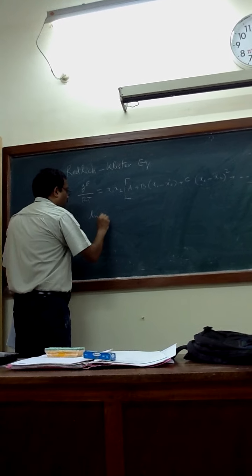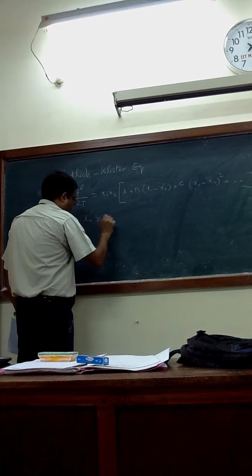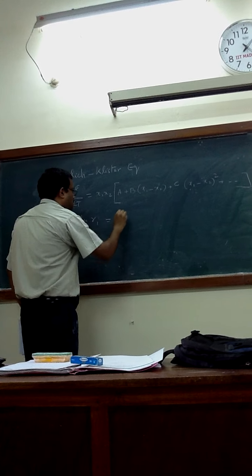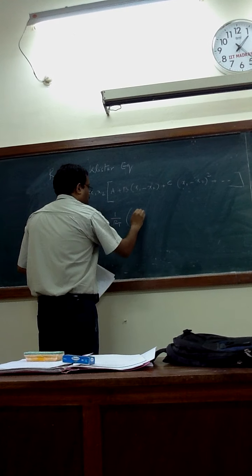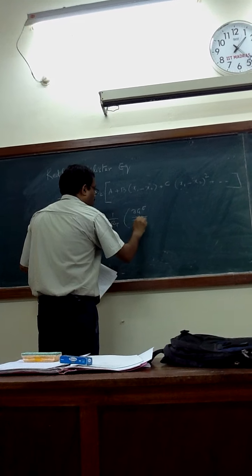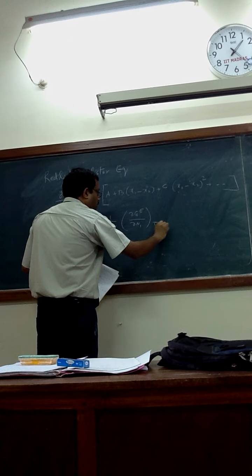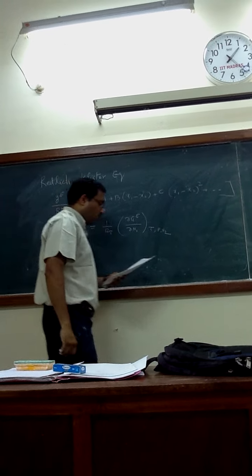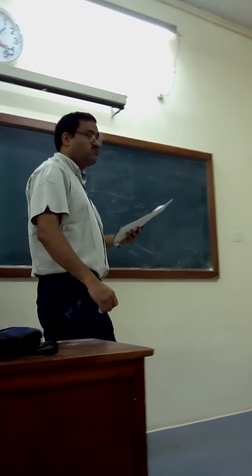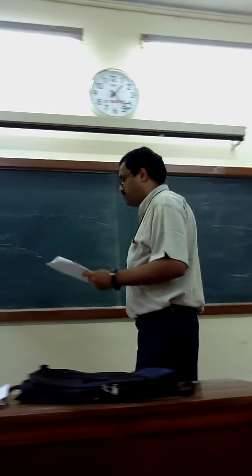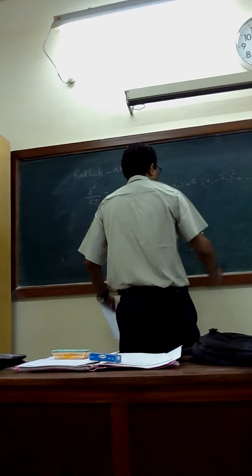You have the formula ln gamma i, or ln gamma 1, which is 1 by RT dou GE by dou n1 at constant T, P and n2, correct?